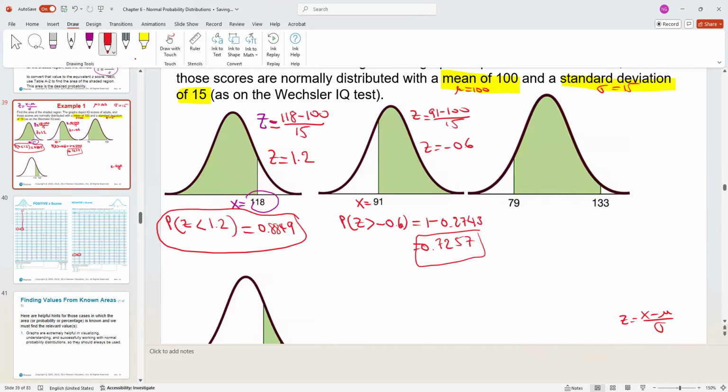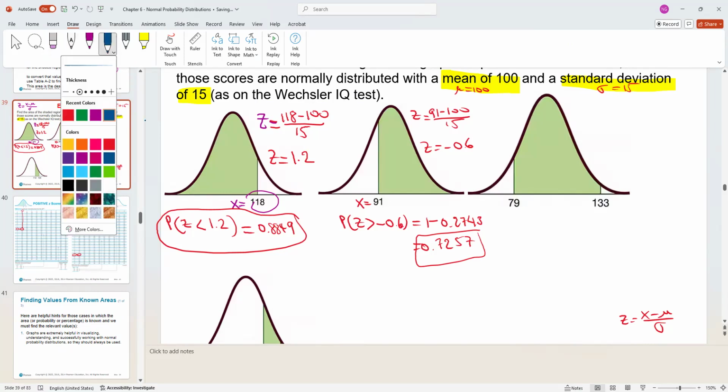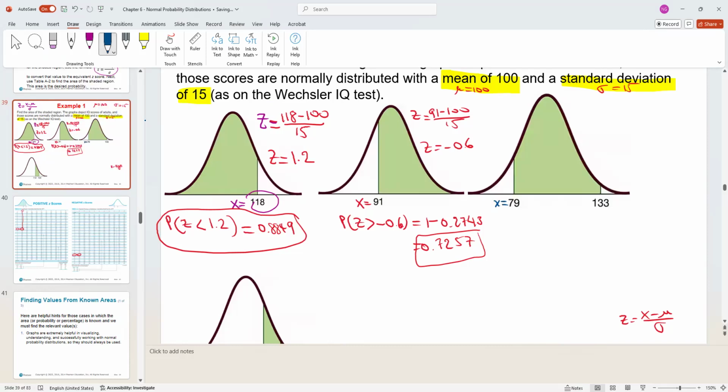Again, the next one, as you can see, has two values for x. Here you have x equal 79 and x equal 133. The first thing to do is to convert the first x to z. That means 79 minus 100 over 15, which gives negative 1.4.